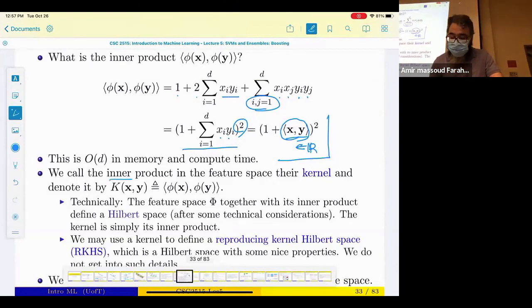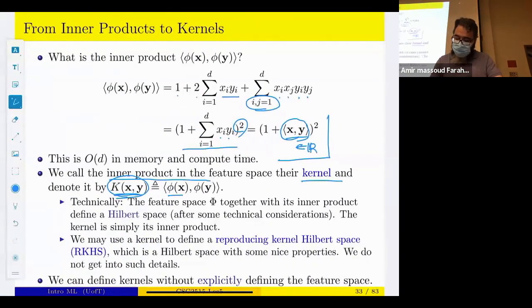So the inner product in the feature space is called the kernel, and it's denoted by K. Here I'm showing capital K, but people use small k too. So the kernel K of x and y is the inner product in the feature space.